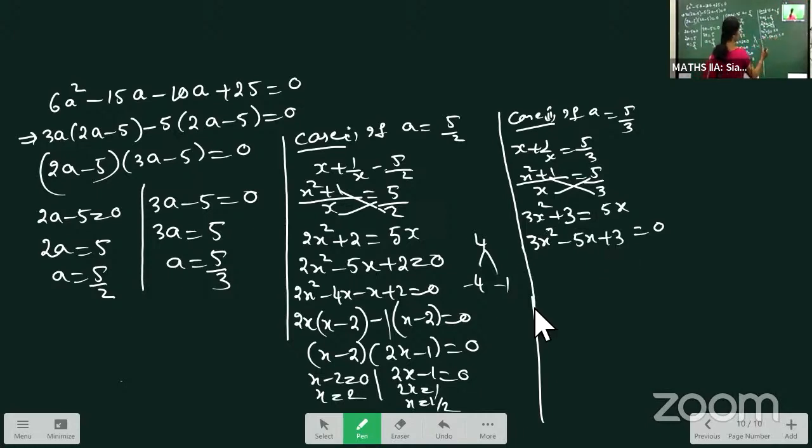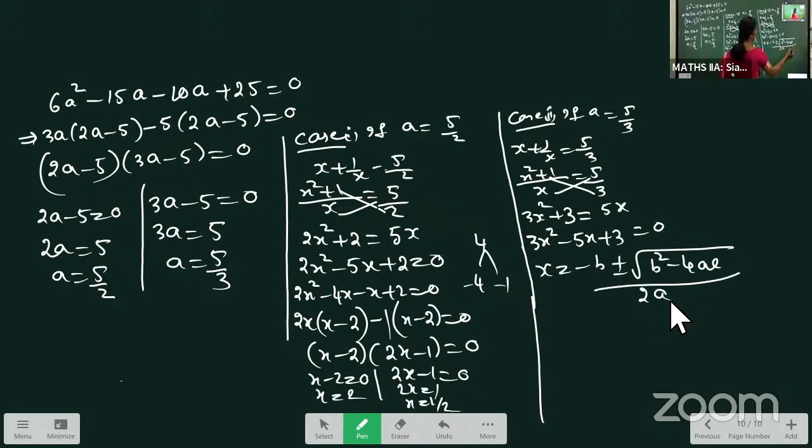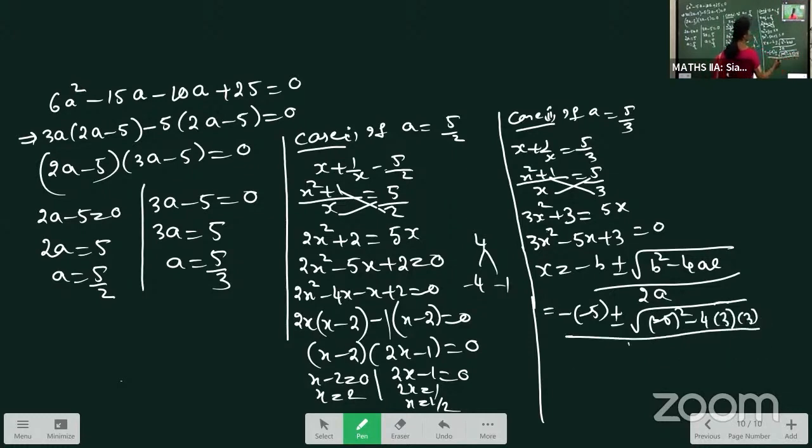x is equal to minus b plus or minus under root b square minus 4ac by 2a. Substitute the values. b value is minus 5, so minus into minus is plus 5, plus or minus under root of minus 5 whole square minus 4, a is 3, c also 3, by 2a, 2 into 3.